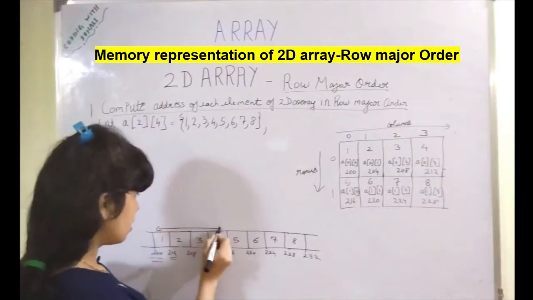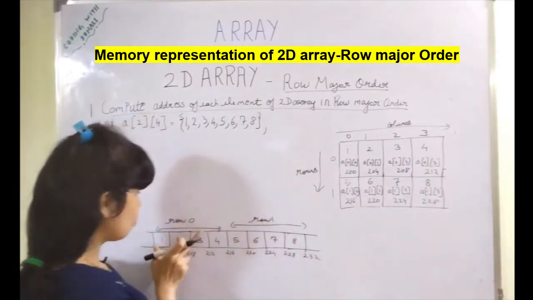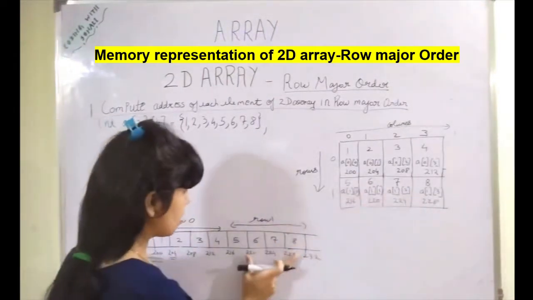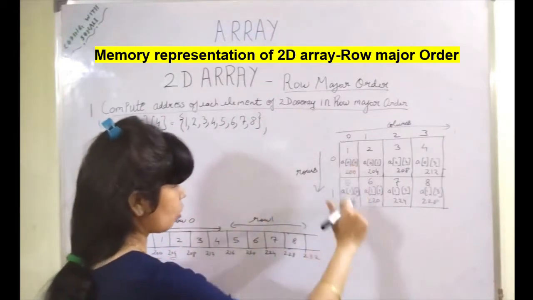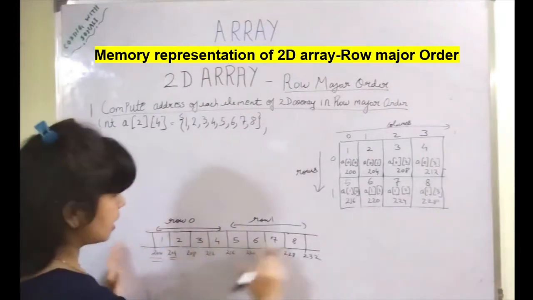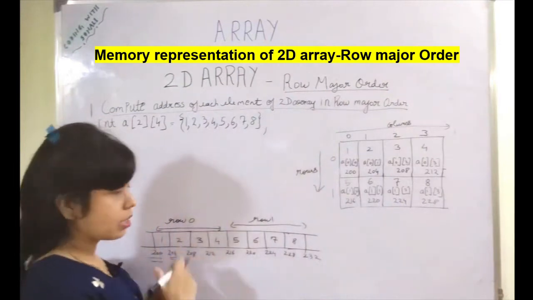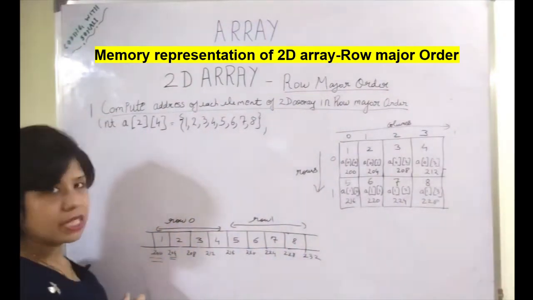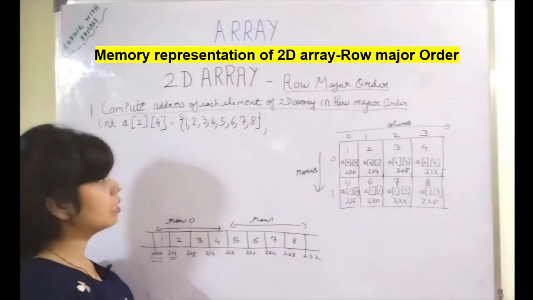So first row 0 is filled in the physical memory, then row 1 is filled. Therefore in the physical memory they are not present in the 2D matrix form, they are present in the linear, one-dimensional form itself. Since it's a row major order, they are located row wise in the memory. So we have seen the actual representation of the 2D array in the physical memory.